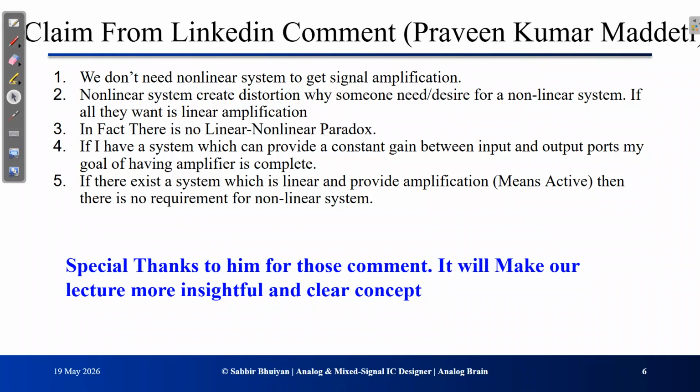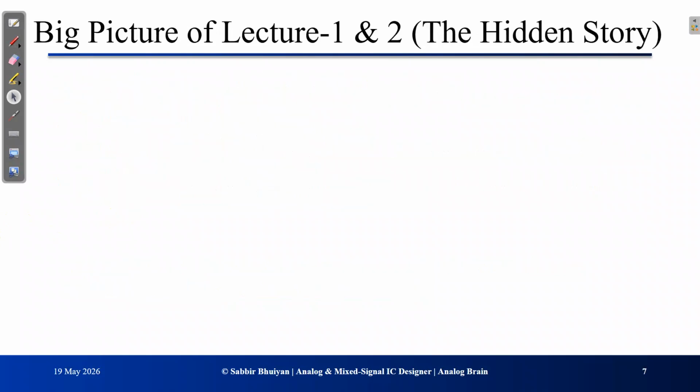So the thing is, if I can prove there is nothing like active, every real element is dissipating power, and every element is passive, then from this point five we can tell there is a requirement for a nonlinear system. Okay, let's see.